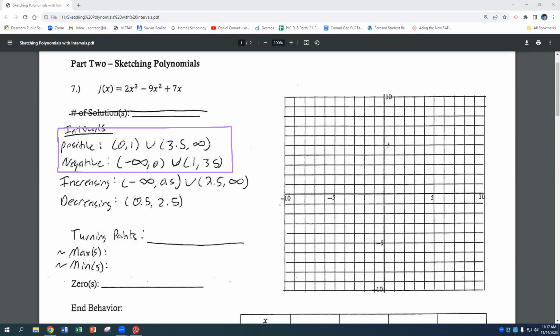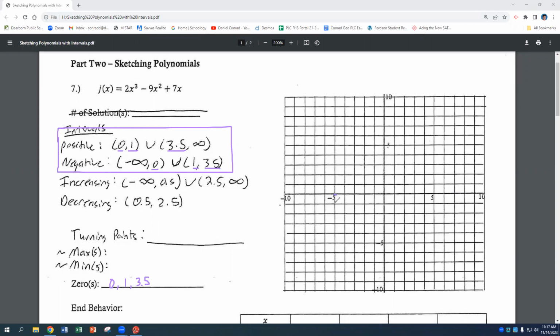The key numbers here, 0, 1, and 3.5, are going to be my x-intercepts, my zeros. That's because whenever you go from negative to positive, you're going from below the x-axis to above it.